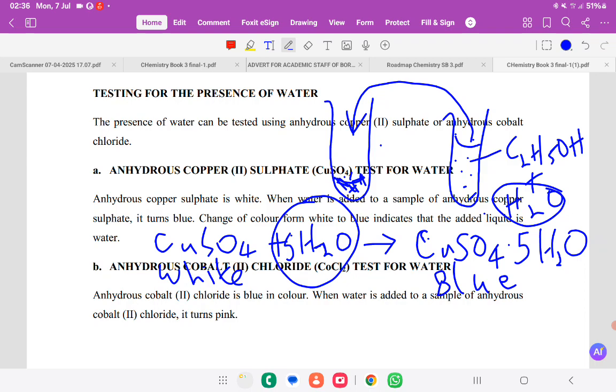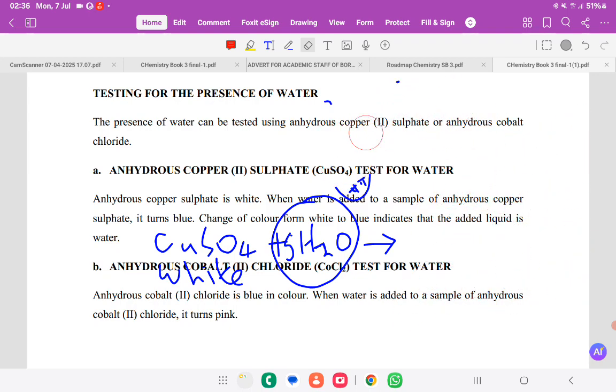They may ask you in an exam, explain how you can test a given liquid if it contains water. You would simply say, add a few drops of the liquid to a sample of anhydrous copper sulfate. It will change from white to blue. That's an indication that the test liquid contains water.